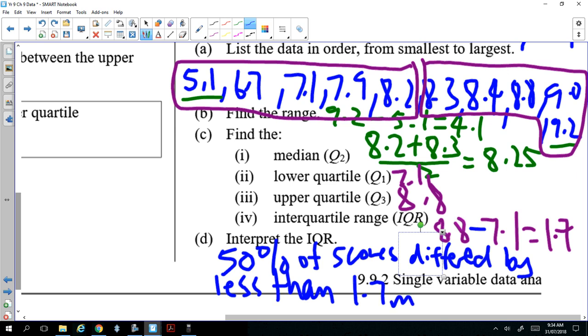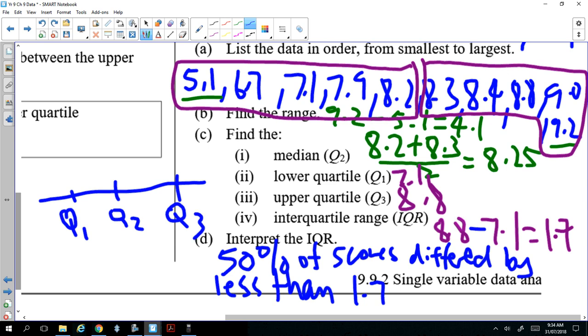Well, why is it 50%? Because it's a quartile. You've got Q1, Q2, Q3, right? Each part is 25%. So there's 50% between Q1 and Q3.